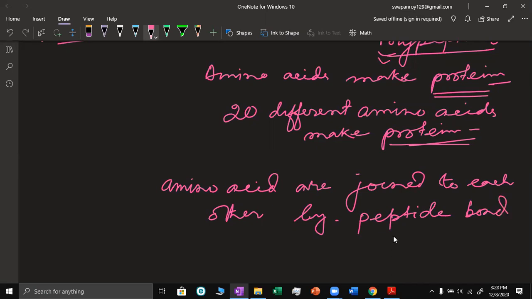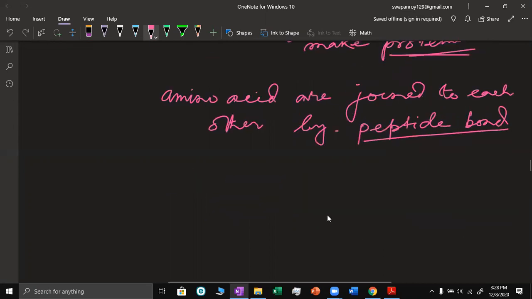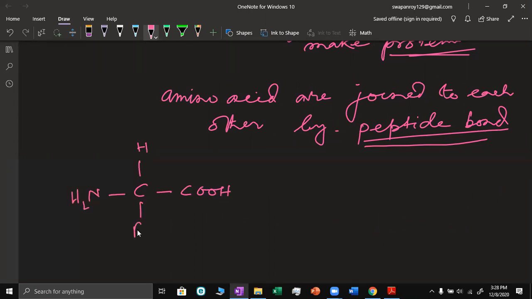So in the protein, the bond between the amino acids is the peptide bond, and the peptide bond is formed with the carboxylic group of one amino acid. So this is the carboxylic group, another one.